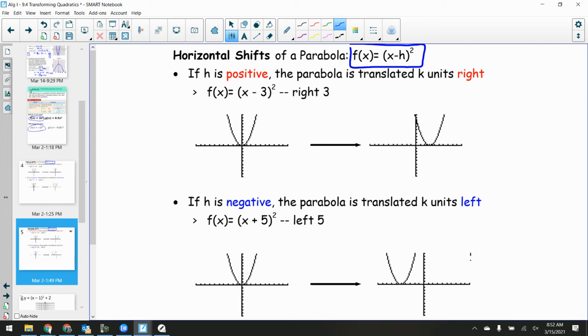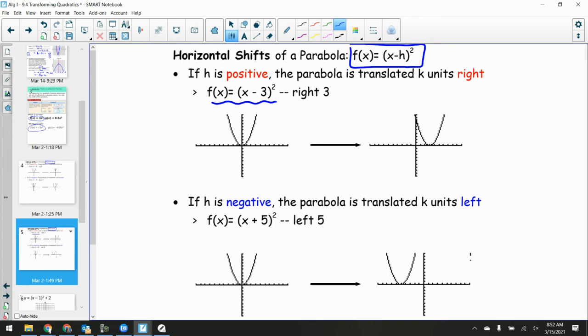Do you notice that there's a minus in the formula? Do you notice how it's x minus h? That means that it's actually going to do the opposite of what it looks like in the equation. Like if I were to give you this from the very beginning, you might look inside there and see, oh, a minus 3, that must be a left 3. No, the minus is already in there. So that's actually a right 3.